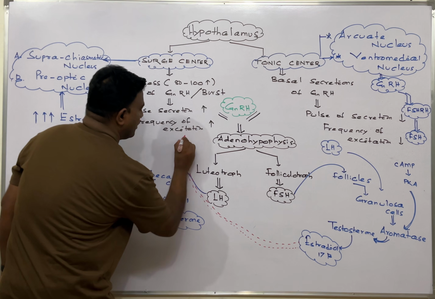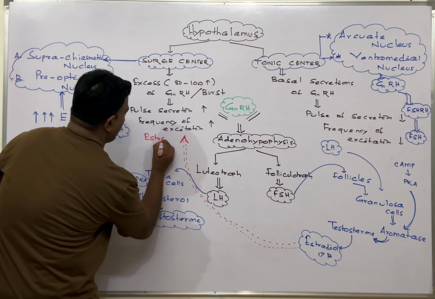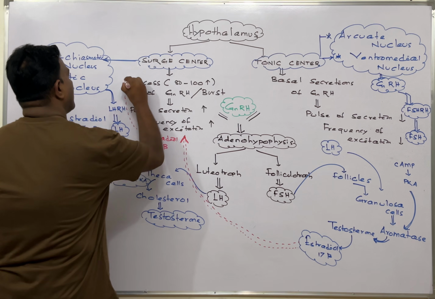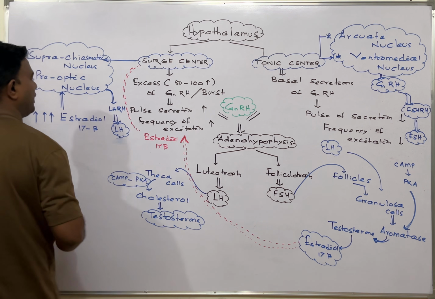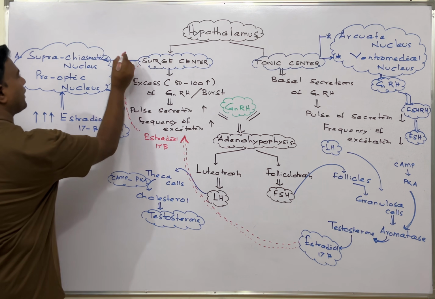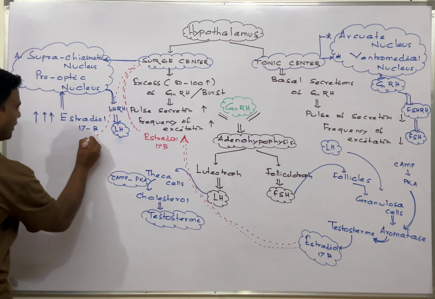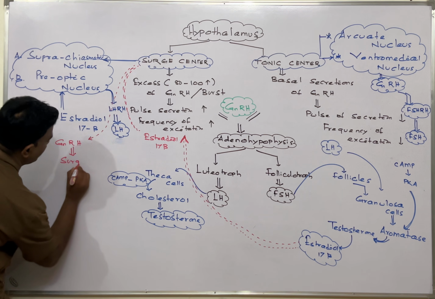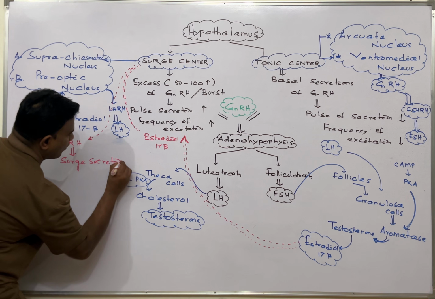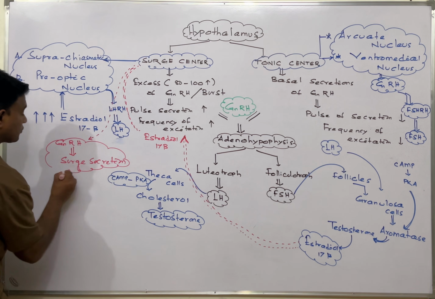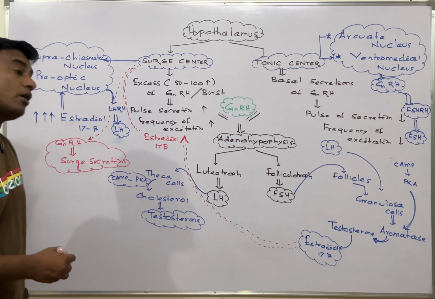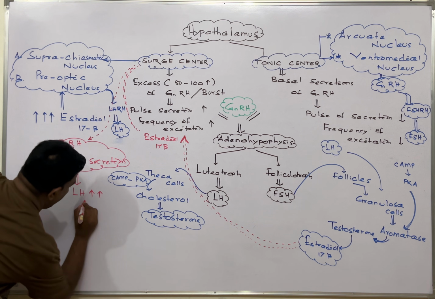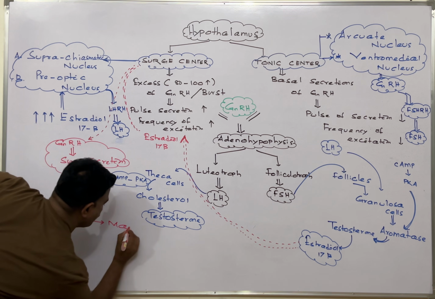Here I am writing estradiol 17 beta; this will act on the surge center, and by virtue of this surge center, GnRH is now secreted. GnRH shows surge secretion, up to 100 picograms per ml, just prior to this estradiol 17 beta stimulation, and this will cause more and more LH secretion, and that LH will act on this matured follicle.